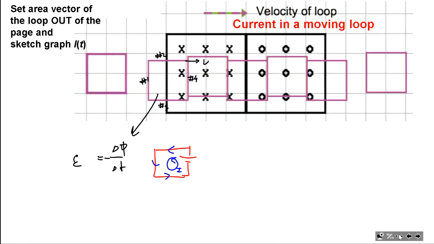When the loop is completely in the region and keeps traveling to the right, the magnetic field is not zero, but magnetic flux does not change anymore. If there is no change, delta phi is 0, there is no EMF induced.